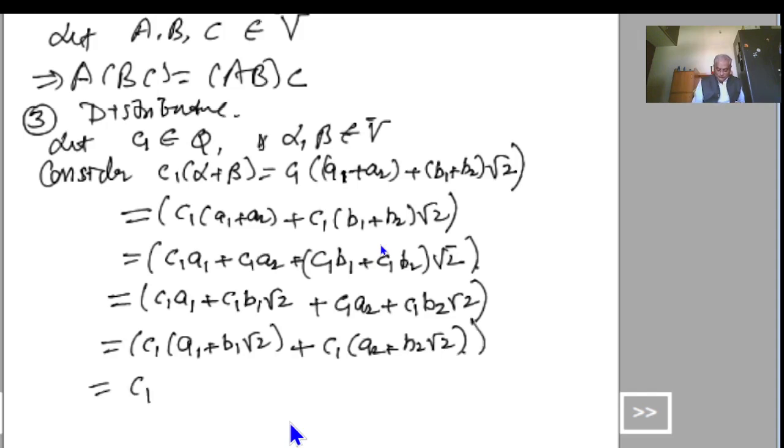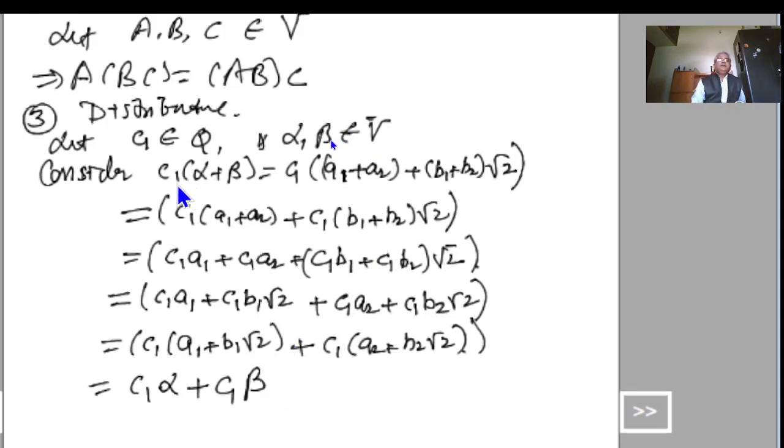This is equal to C1 into, what is A1 plus B1 into root 2? This is nothing but our alpha, plus C1 into, what is A2 plus B2 into root 2? This is nothing but beta. So we have proved that C1 into alpha plus beta equal to C1 alpha plus C1 beta. This is left distributive law. So left distributive law is satisfied.